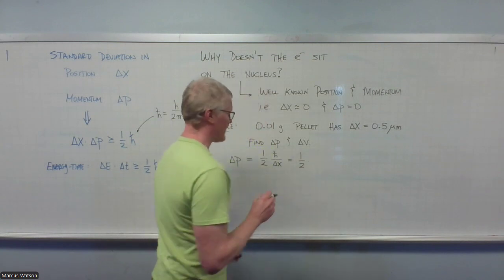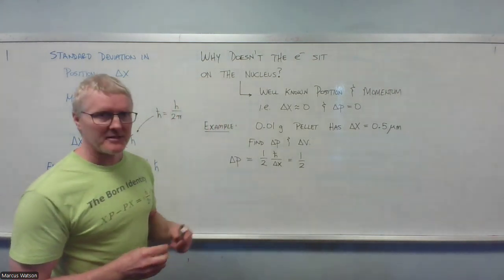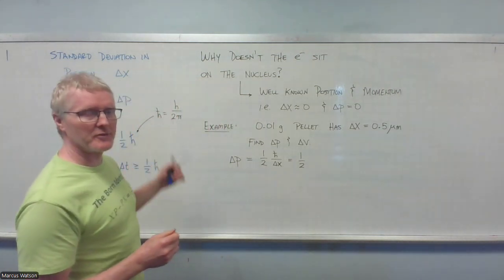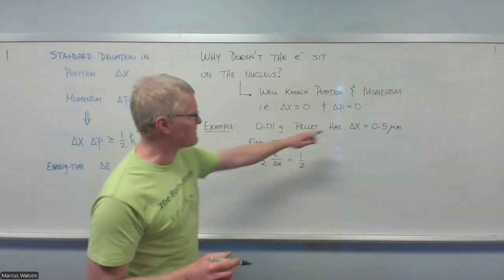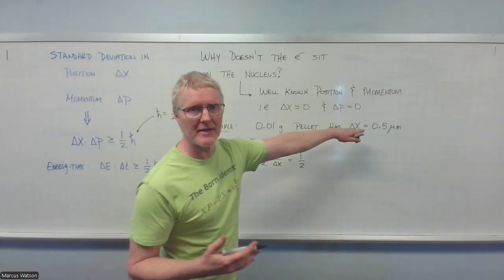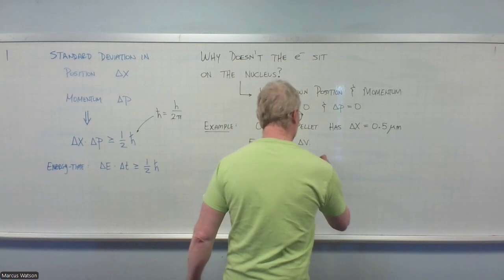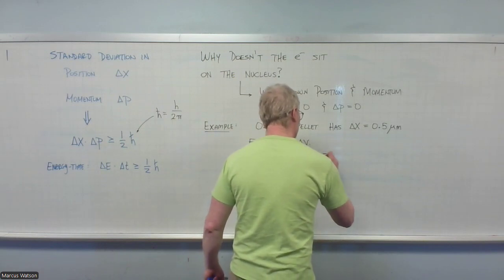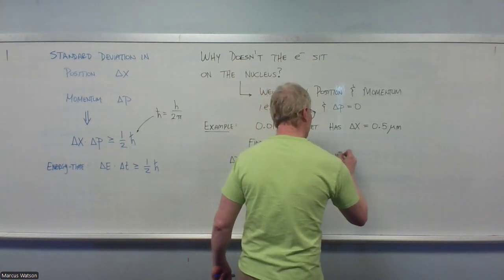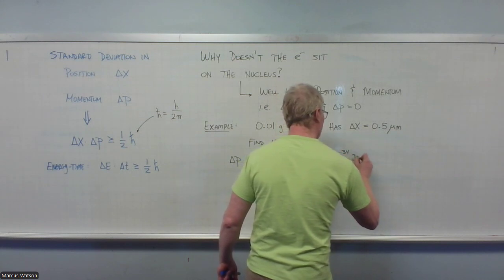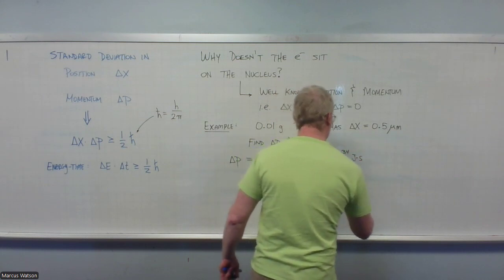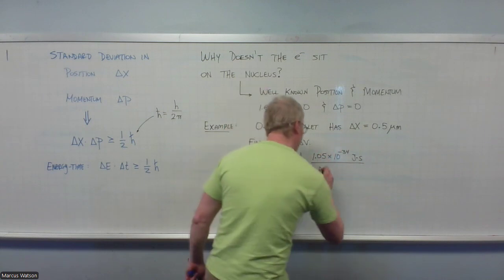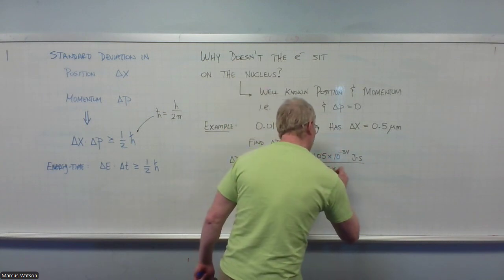Now h bar is, like I said, Planck's constant over 2 pi. And if we're in regular length units of meters, then I'm going to use the larger formulation of units, which is joule seconds. I'm going to divide this by 0.5 times 10 to the minus 6 meters.